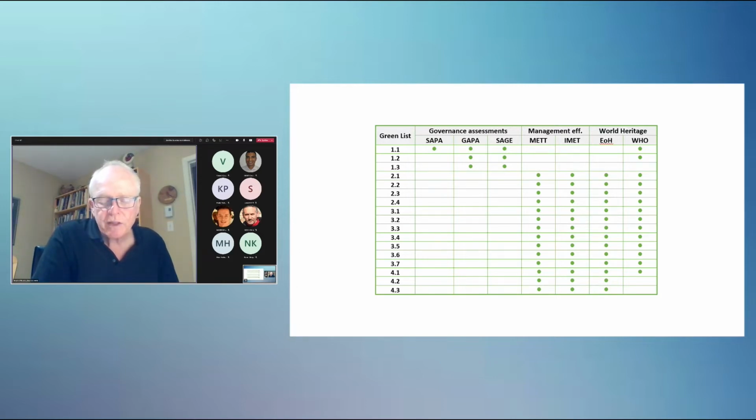And I'll just close with the idea that the Green List is strong in several areas. It's strong in governance, it's strong in management and planning, ecological design, but all these things are necessary to lead to conservation outcomes. And that's what this is really about. So I'll just reinforce, we're trying to make protected areas work so we have really strong conservation outcomes for nature conservation. Thanks very much.